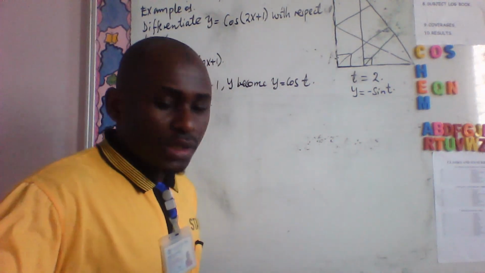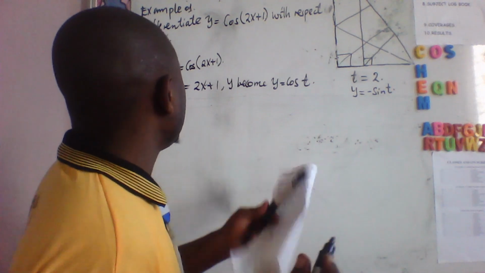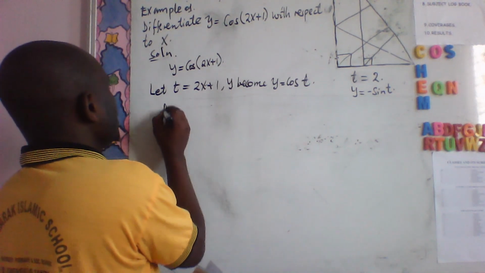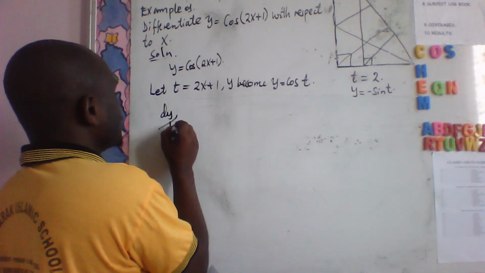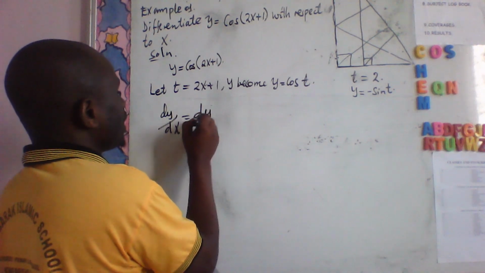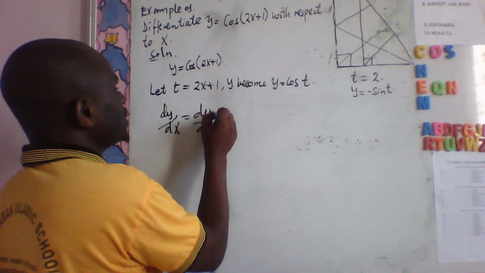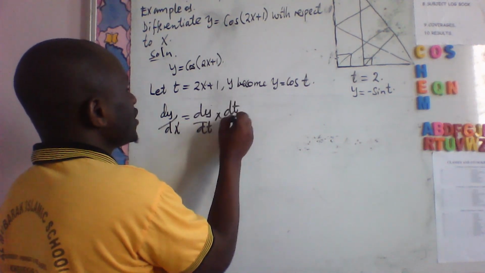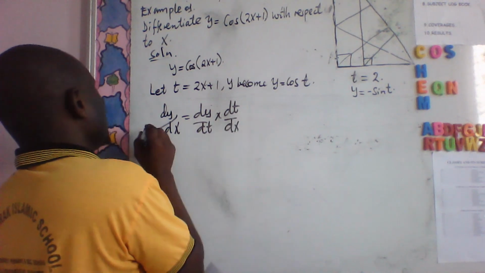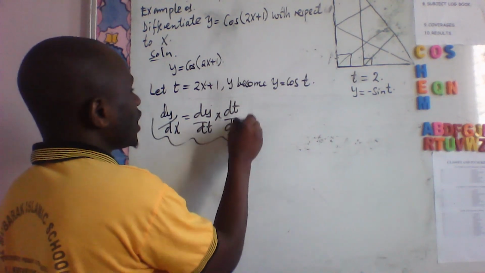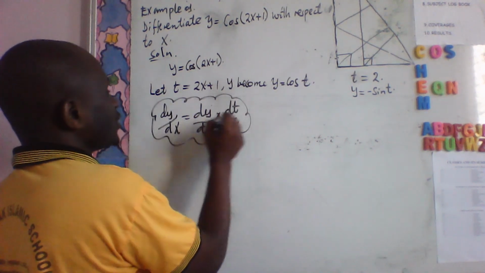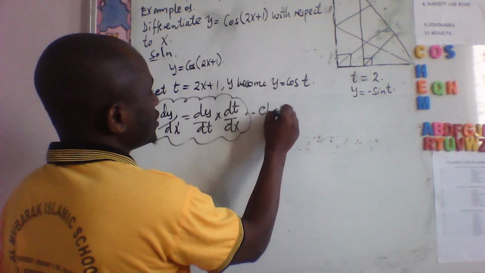When we recall our formula, it tells us that dy over dx is equal to dy over dt times dt over dx. This we are calling our chain rule.